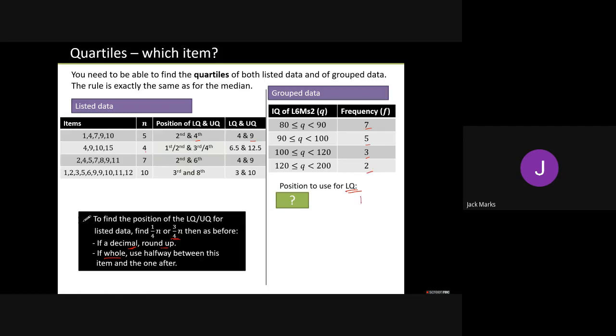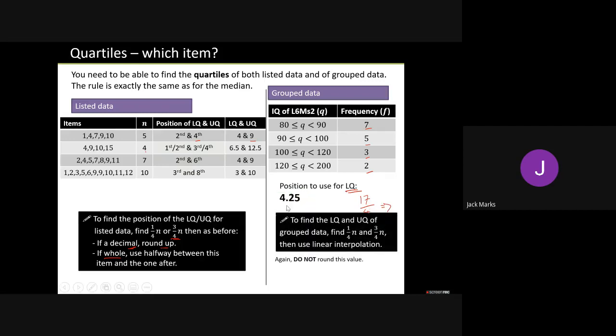We would find a quarter of n, the position for this, and then we would go towards, again, using linear interpolation. So the 4.25th position, because we're treating it as continuous as it's grouped data, we found a quarter n, and we would do linear interpolation. Notice that we don't round this value. Rounding is for when we have a list of data.